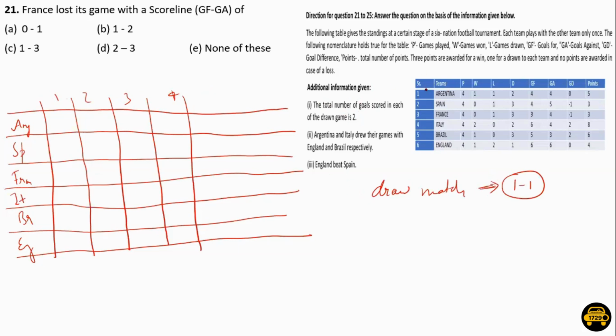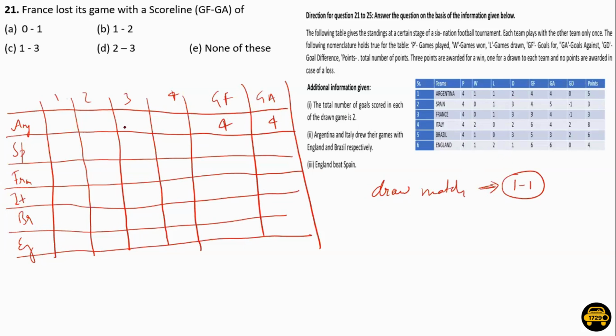In case of Argentina, we have goals forward and goals against. Argentina scored a total of 4 goals and got 4 goals against it as well. Out of the 4 matches, 2 matches were draws, one was won, and one was lost.